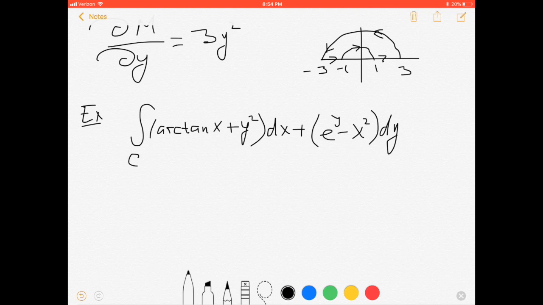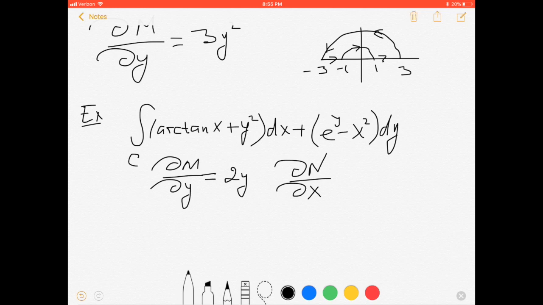Okay. What we have here, we need to first find dn. No, I write dm, okay, no problem. dm dy gives me 2y, and dn dx gives me minus 2x.